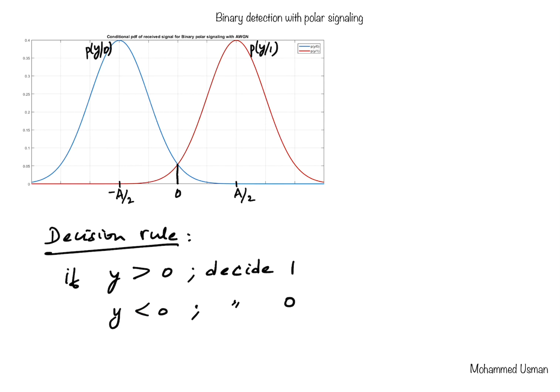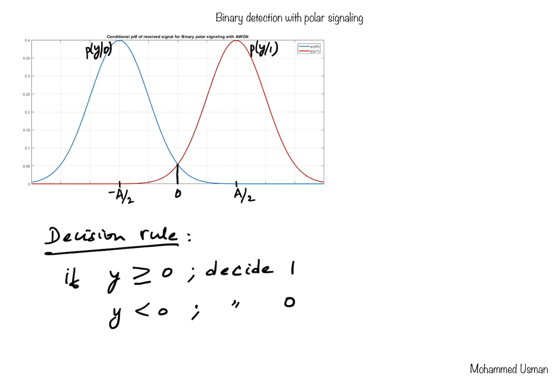And in the rare case where the received signal y is exactly equal to the threshold, then we have to randomly choose either 1 or 0, and I'm going to put that equality for the 1. So that's our decision rule.